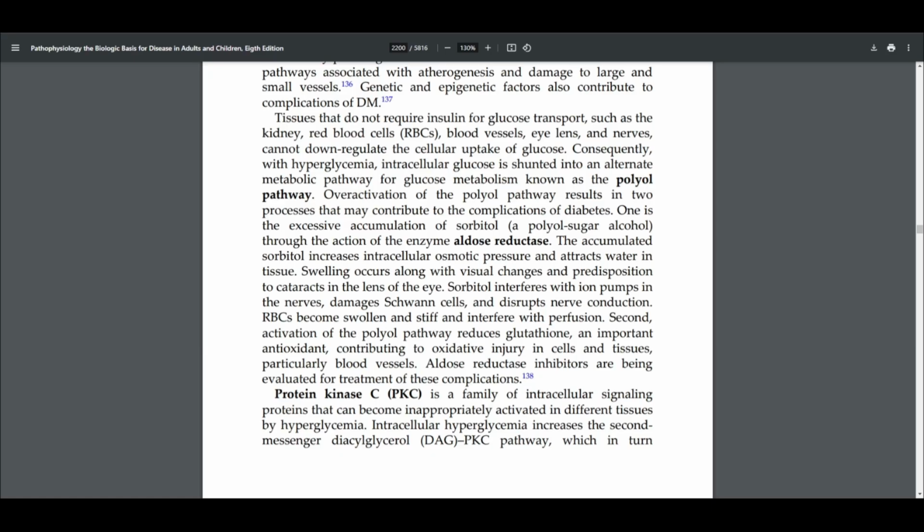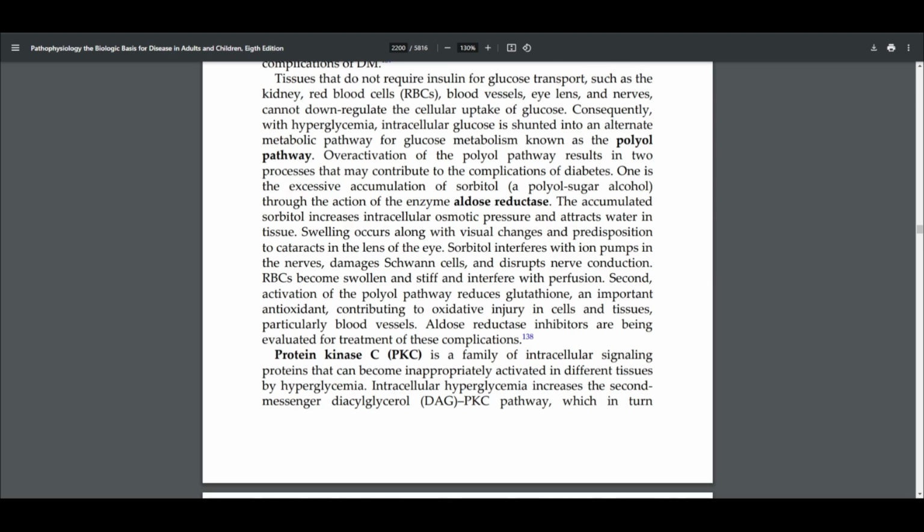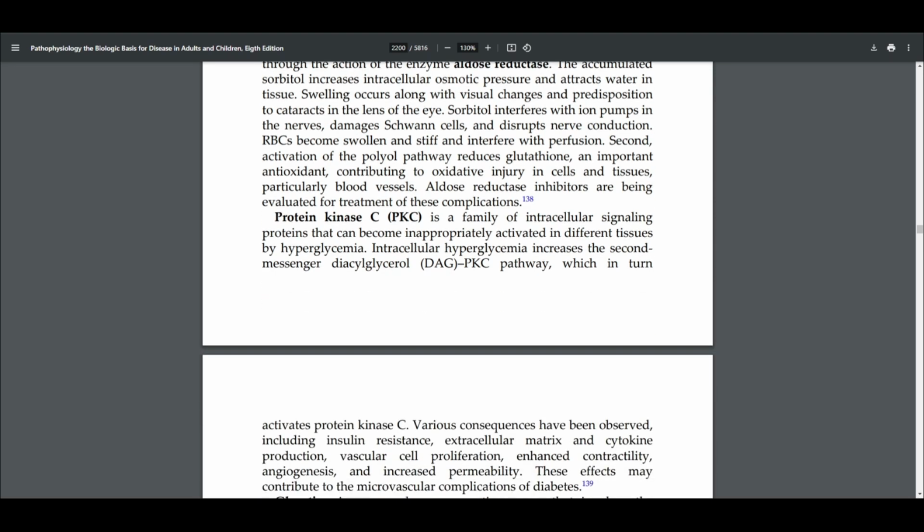Red blood cells become swollen and stiff and interfere with perfusion. Second, activation of the polyol pathway reduces glutathione, an important antioxidant, contributing to oxidative injury in cells and tissues, particularly blood vessels. Aldose reductase inhibitors are being evaluated for treatment of these complications.